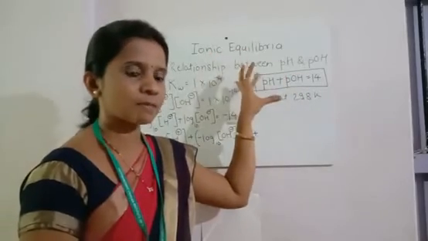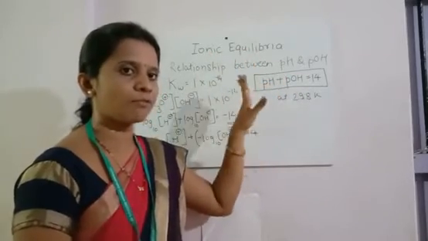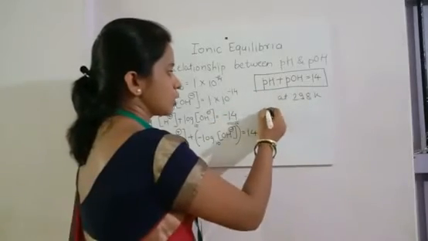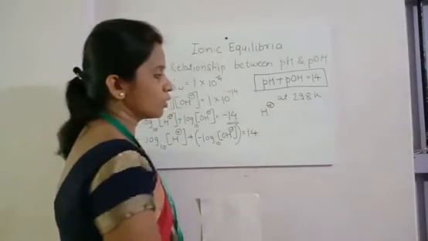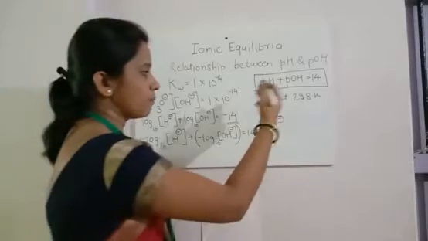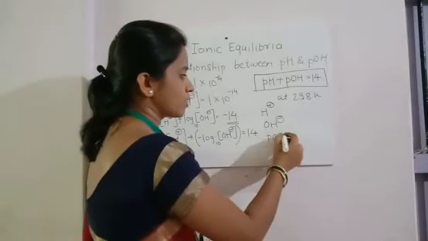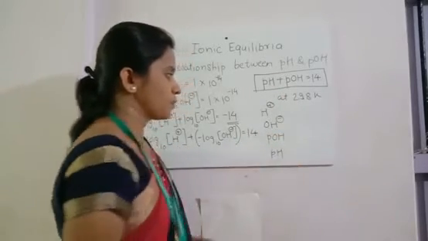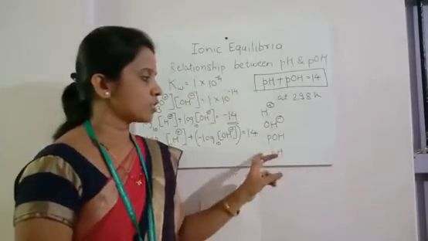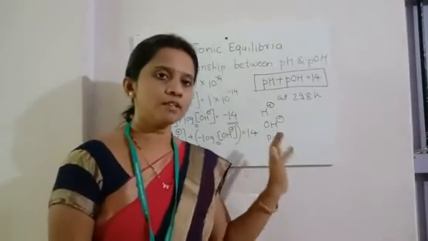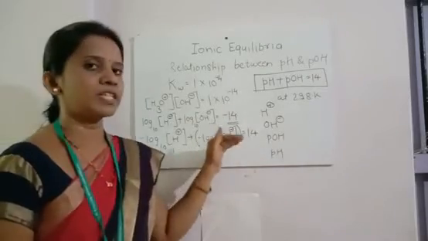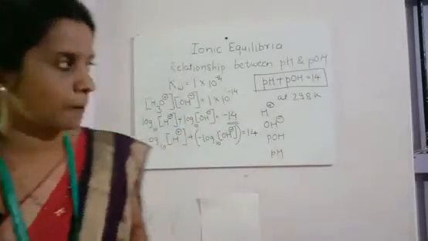From this expression we can find various terms given in a numerical, like the H plus ion concentration, the OH minus ion concentration, and pOH or pH. So if any three of the terms are given, from this expression we can calculate the fourth term. So this is the relationship between the pH and pOH of a solution.